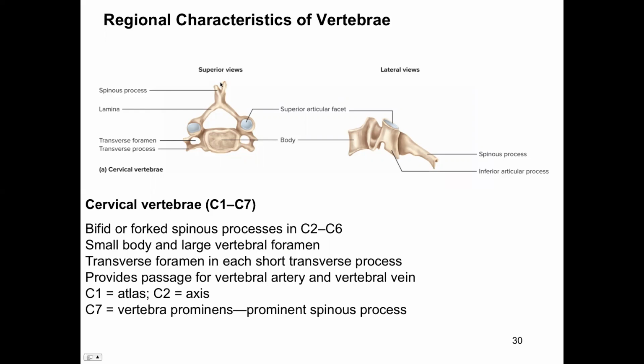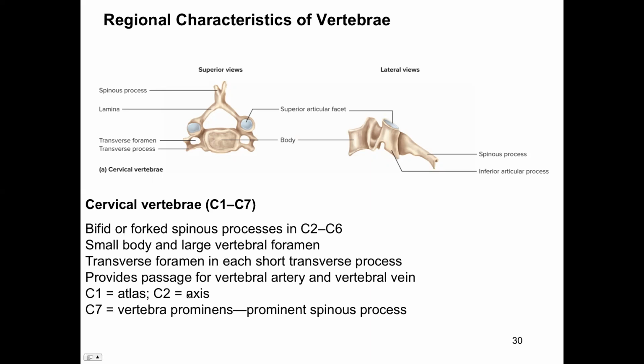And then the spinous process is what we call bifid. There's always a split in the middle. That's the other thing you're going to see in the cervical vertebrae. And the body is really small, very small compared to the other ones. But the vertebral foramen is really big, because the spinal cord is by the brainstem here, and it's a very big space at this point.